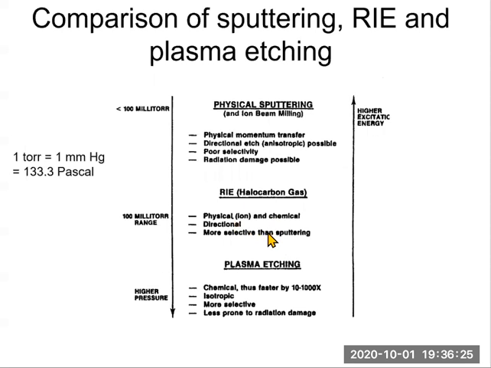So that's RIE. And here let me also summarize the roles of ions and neutral radicals. In the plasma, there are ions and also neutral radicals.